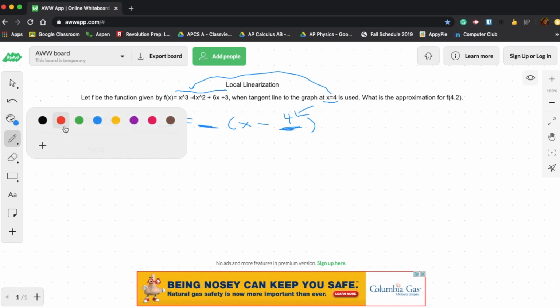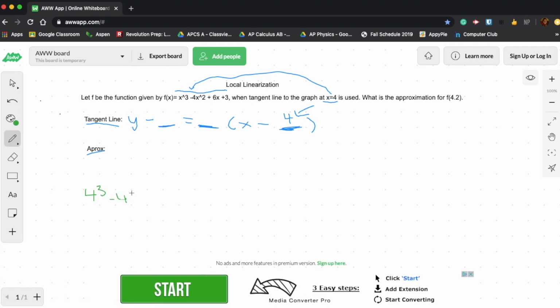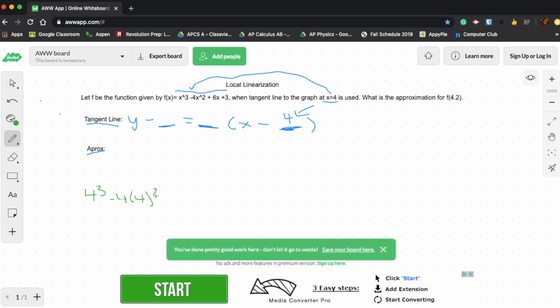Let's do it right below, in a different color: 4 cubed minus 4 times 4 squared plus 6 times 4 plus 3.